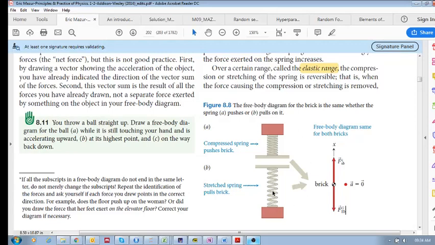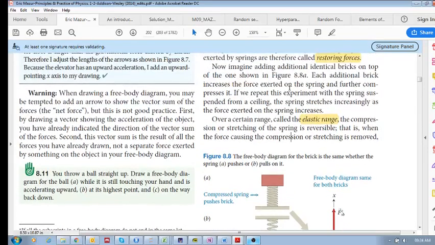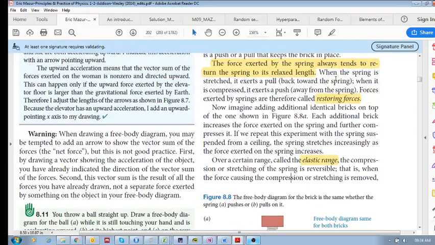And anytime you stretch a spring, it wants to restore itself back to its relaxed length. So, let's read this. The force exerted by the spring always tends to return the spring to its relaxed length. Forces exerted by springs are therefore called restoring forces.